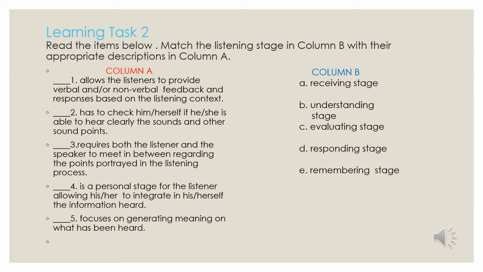For column A, number 1 allows the listeners to provide verbal and or non-verbal feedback and responses based on the listening context. Number 2 has to check him or herself if he or she is able to hear clearly the sounds and other sound points.